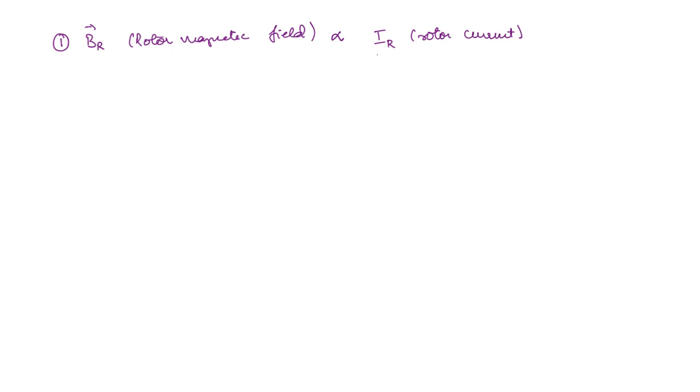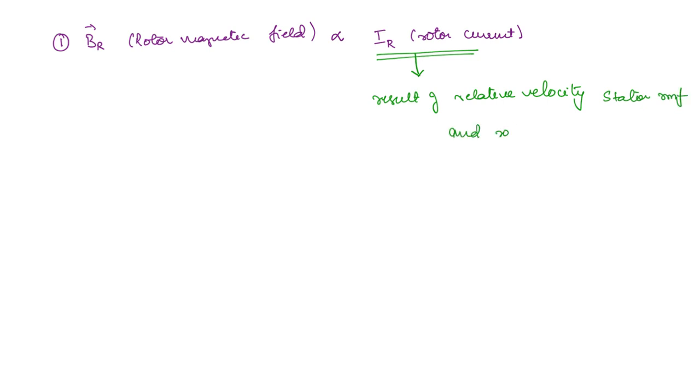Now, this rotor current will be dependent on the speed. How? The current is induced as a result of relative velocity between the stator RMF and the rotor conductor. Now, the slip S is what gives you the indicator of relative velocity.